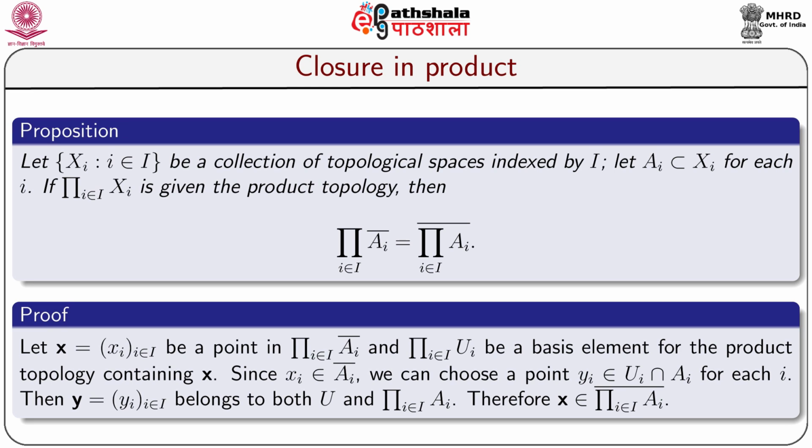Now, since x_α belongs to the closure of A_α for each small α in I, we can choose a point y_α belonging to U_α intersection A_α. Then the point y = (y_α) belongs to both U and the product of A_α. Therefore, x belongs to the closure of the product of A_α.